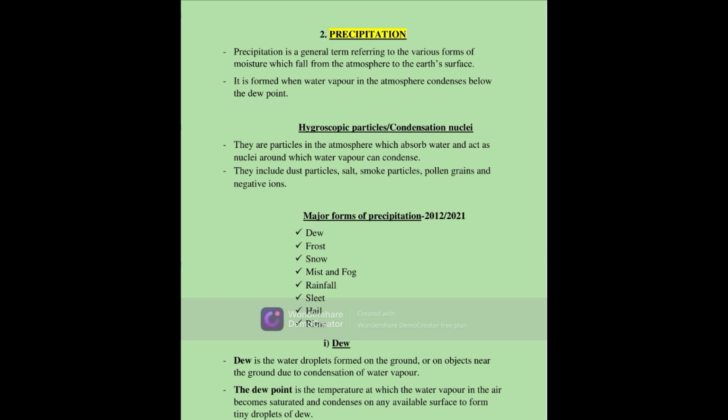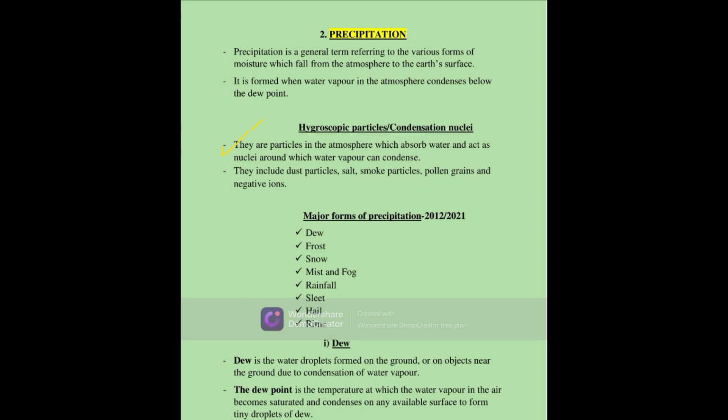Now let's look at the hygroscopic particles, or what we call the condensation nuclei. They are particles in the atmosphere which absorb water and act as nuclei around which water vapor can condense.